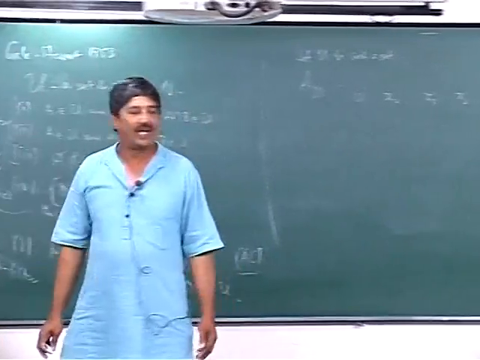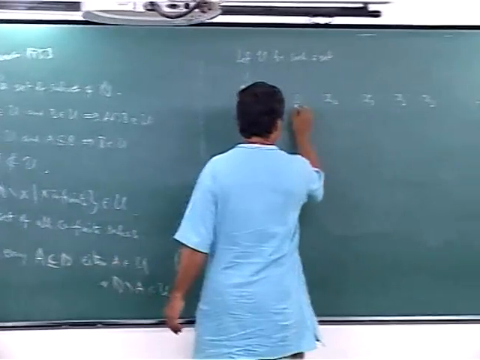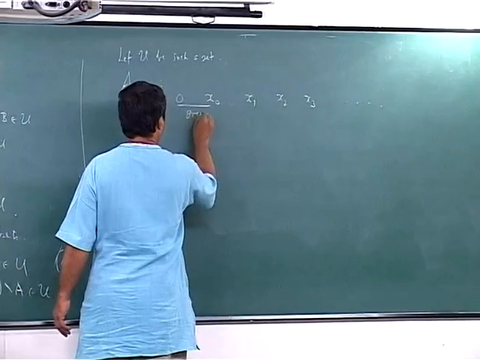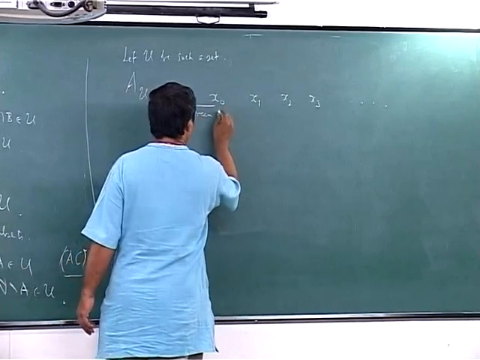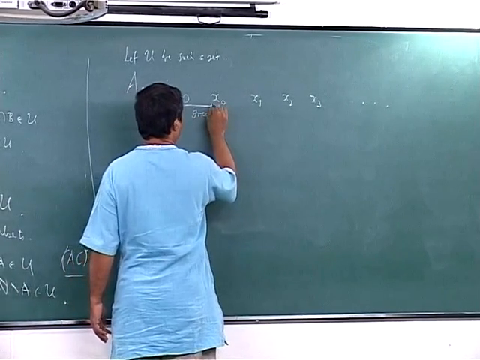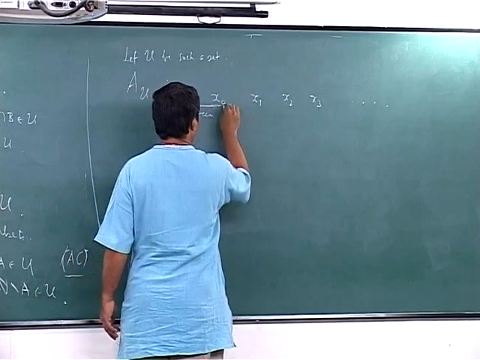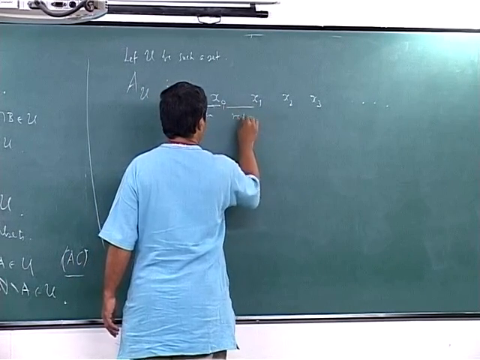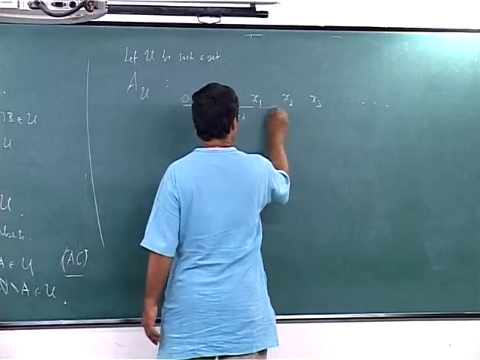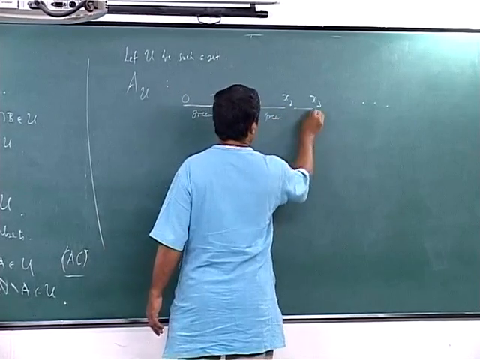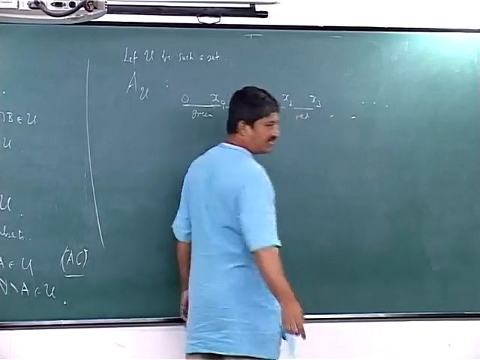What I will do is color these intervals. Let me color this green, up till this point and excluding that point, and starting from there let me color red. So this will be colored green, red, and so on.